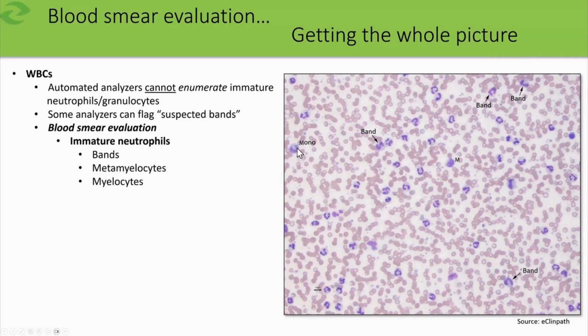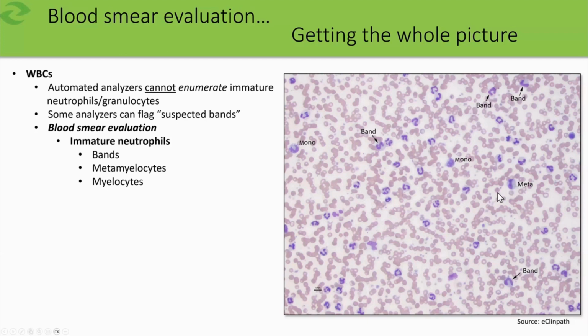Kind of has that horseshoe shape like a band, but not quite. And then another monocyte here with just a couple of little vacuoles. And then this is a metamyelocyte here. No vacuoles present, chromatin's a little bit more open, and not a horseshoe or S-shaped or something along those lines.